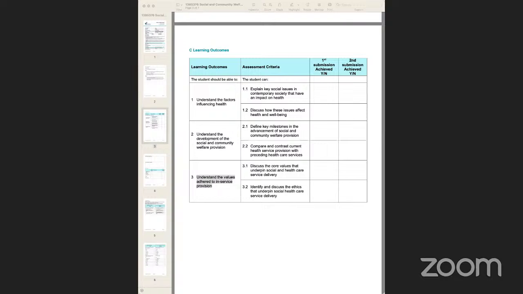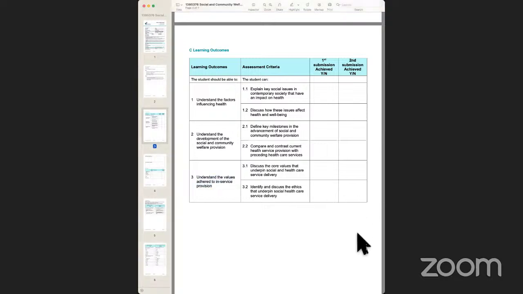Using ethics, we then understand the core values of NHS, the person-centered approach, the integrated care that the system provides, and use them to deliver care, or in this case, care-related services to patients. That is what we are going to be covering today in the learning outcomes.